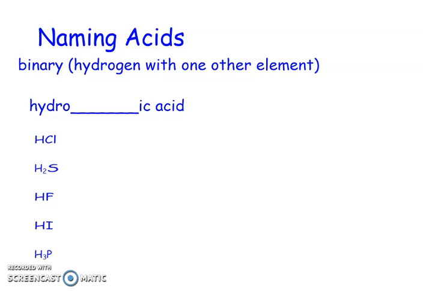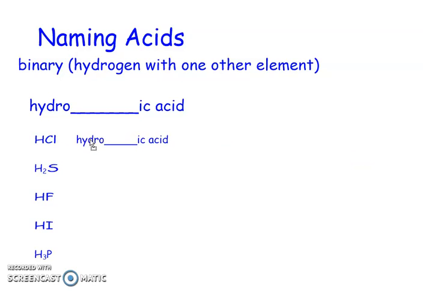Or we could have acids that contain a polyatomic ion, which means there's more than one other element in that acid. So for binary acids, they start with hydro. You put in the root word of the other element that's there, and it ends in ic acid. So hydro, root word, ic acid.